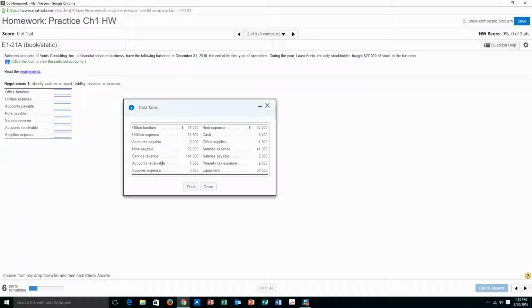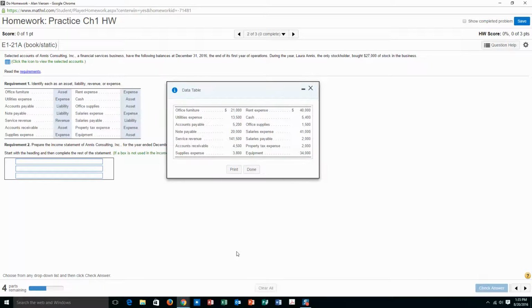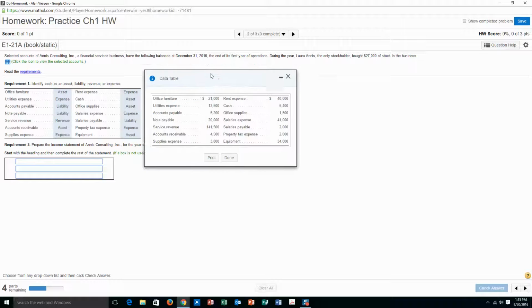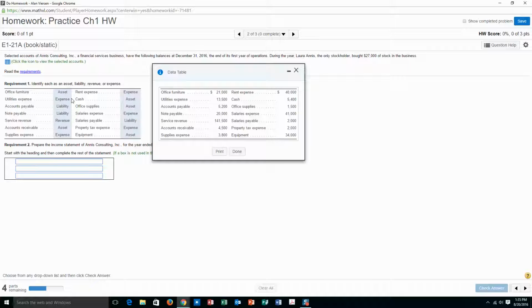And then revenues, which are in the beginning, just say revenue, and expenses that say expenses. So the first thing we're going to do is identify each of these as being an asset, a liability, a revenue, or an expense.